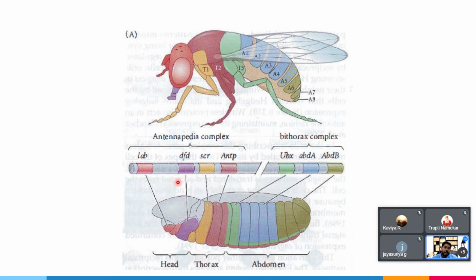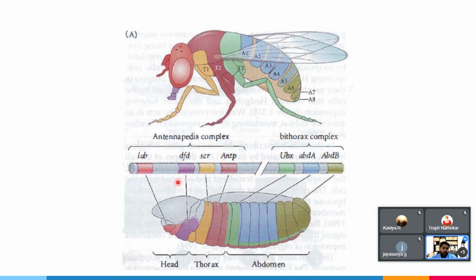This gives us an idea that Hox genes must be really important, since all of these regulators are involved. Their misexpression will cause major defects in the embryo.